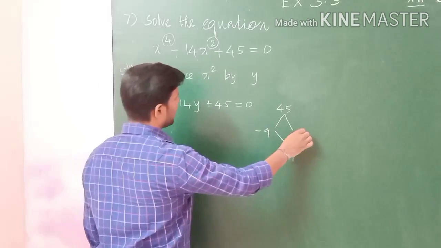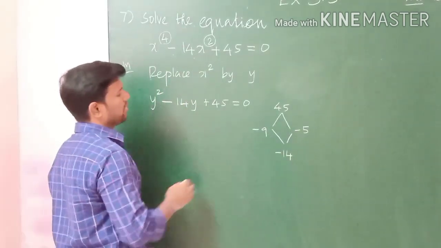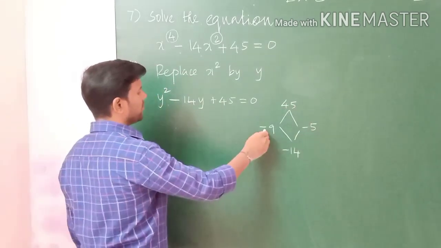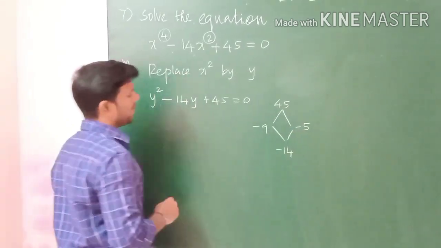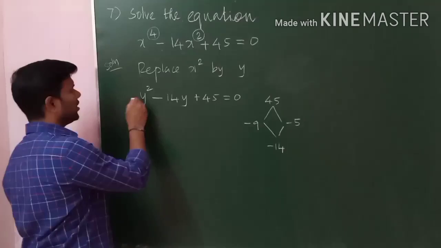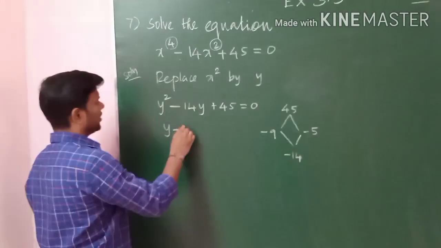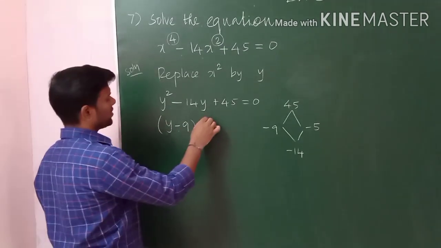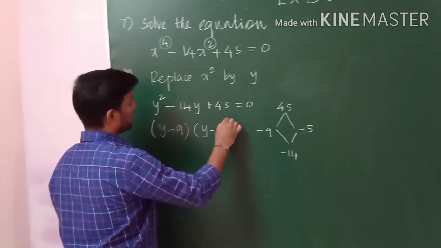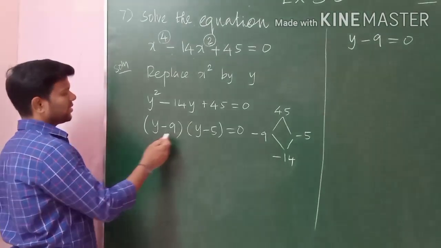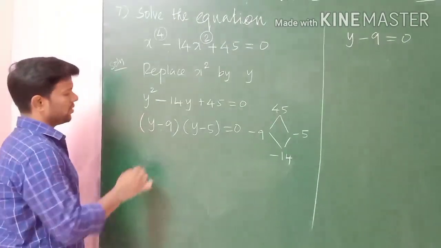So minus 9, minus 5 we will select. Minus into minus is plus, 9 5s are 45. Minus 9 minus 5 adds to minus 14. Here the coefficient of y square is 1. So the factors are y minus 9 and y minus 5 equal to 0.